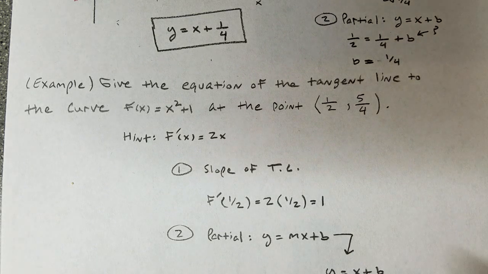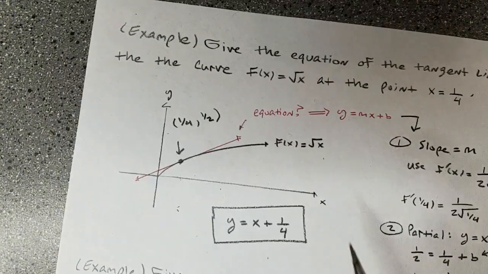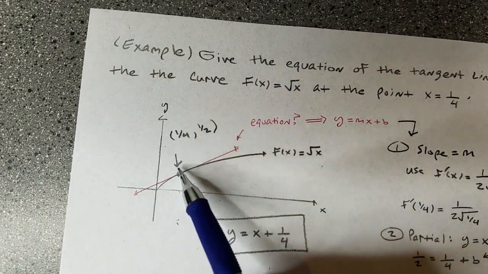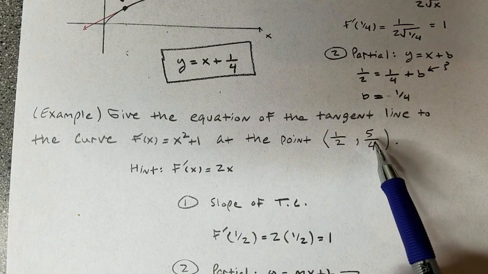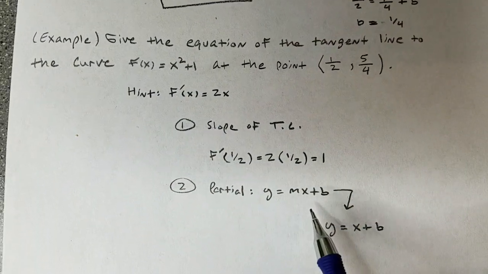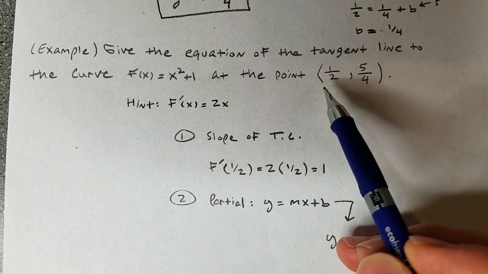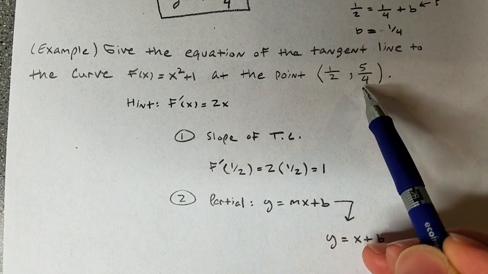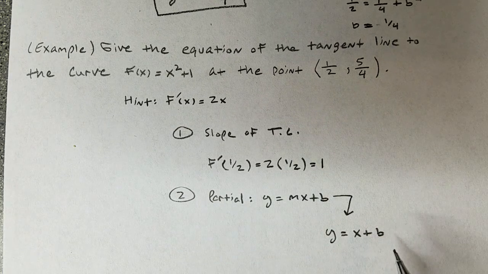All right, the slope is 1. How did we find b again? Well, the tangent line meets the curve at that point. They have that point in common. So this point, it's on the curve, but it's also on the tangent line. So I can say in that equation of the tangent line, this x gives you that y. I can put those x's and y's in and find b.